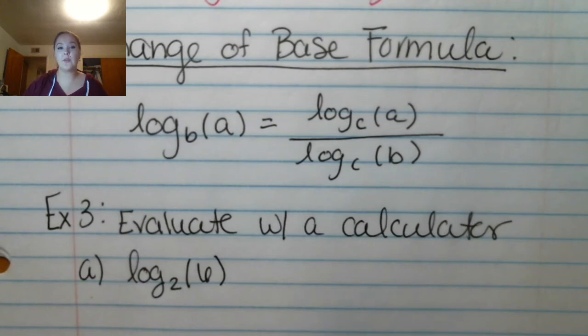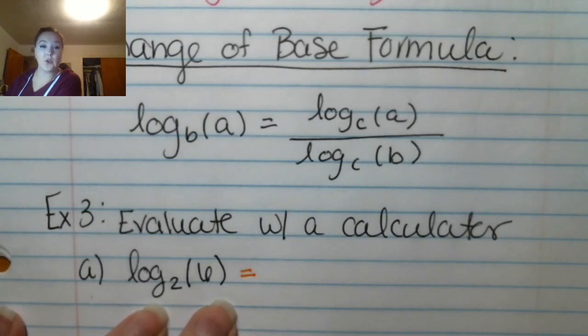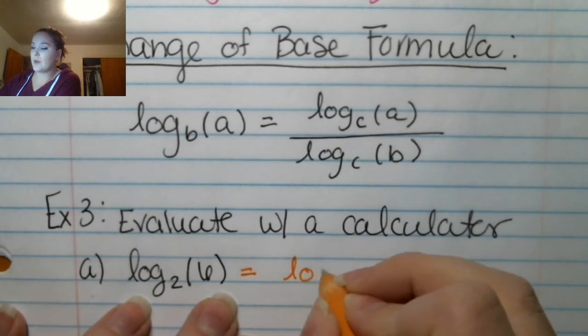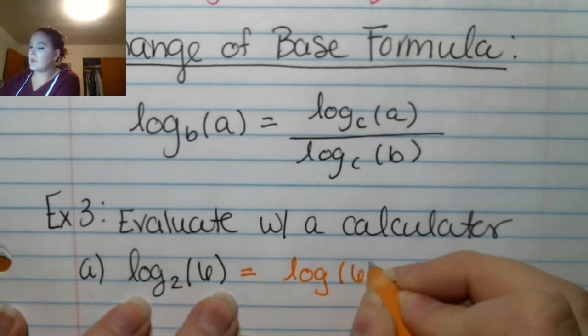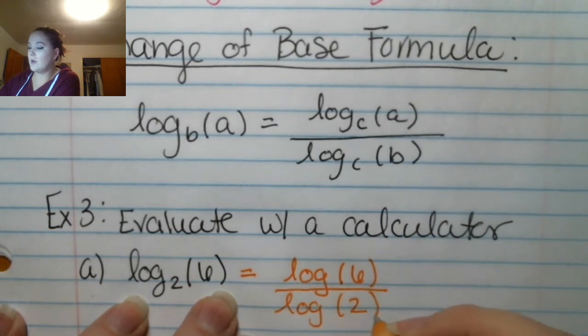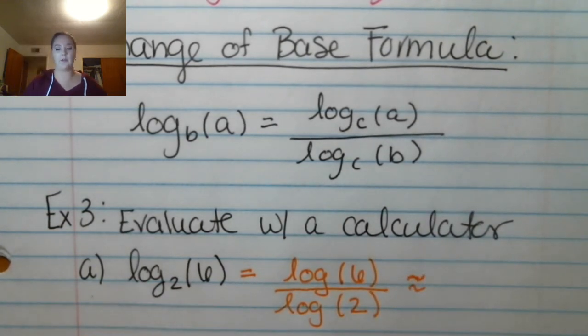We know that this doesn't come out evenly, so we can't evaluate it by hand. And we know that there's no log base 2 on our calculator. So we're going to use a change of base formula, and we're going to change it to the log that is on our calculator, which is log base 10. So we're going to have log base 10 of 6 over log base 10 of 2. And this will allow us to plug it into our calculator.